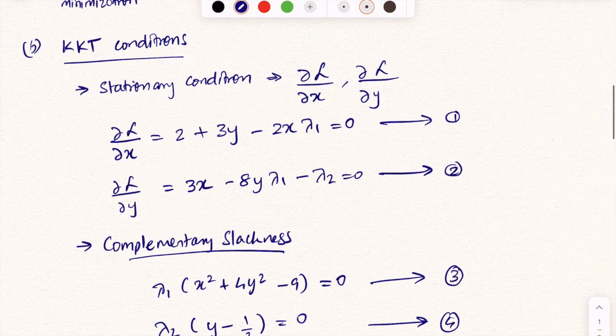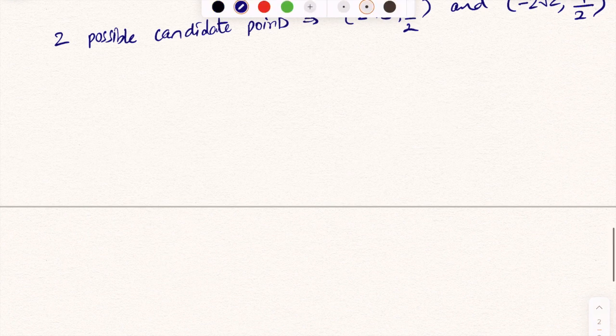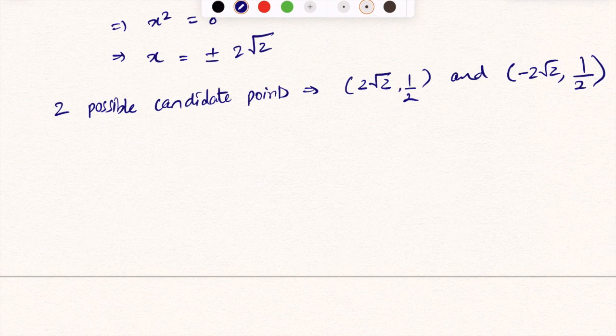Let's pick equation 1 over here. So let's start with the partial derivative of the Lagrangian with respect to x. Let's just write that out first. We have 2 plus 3y minus 2x times lambda 1 equal to 0.